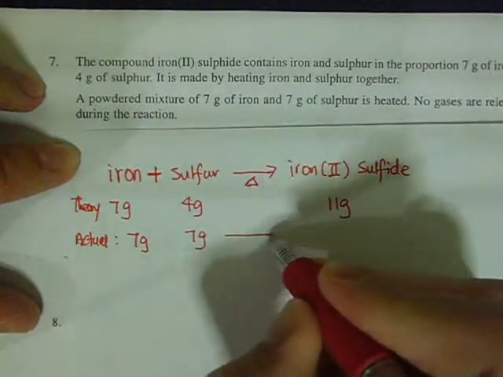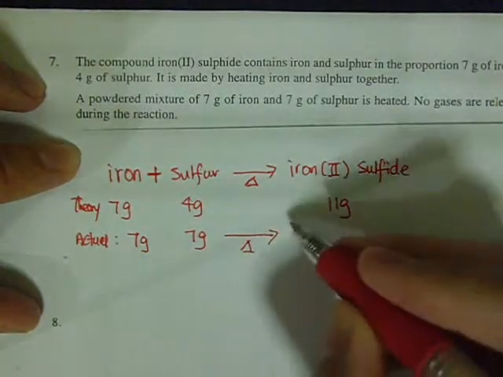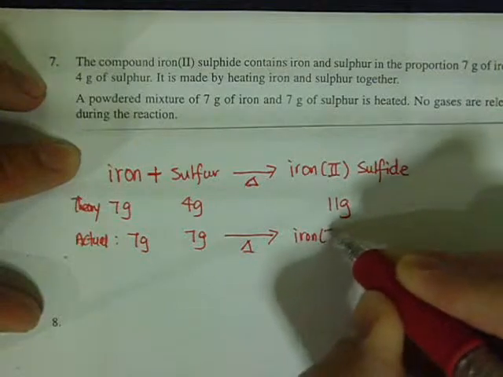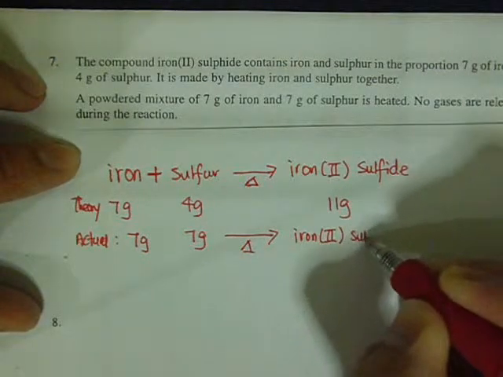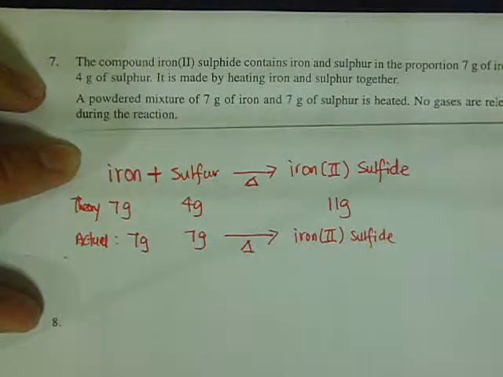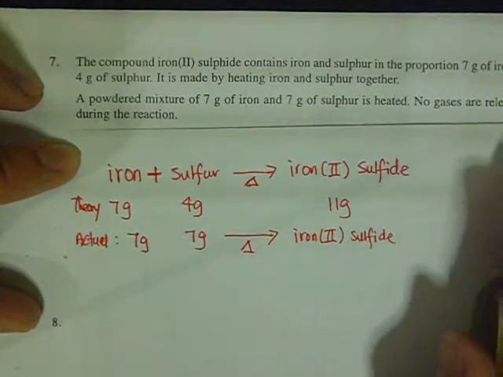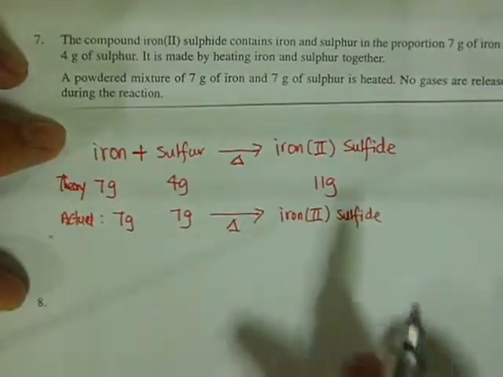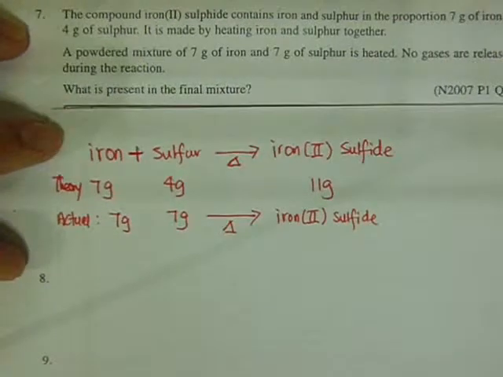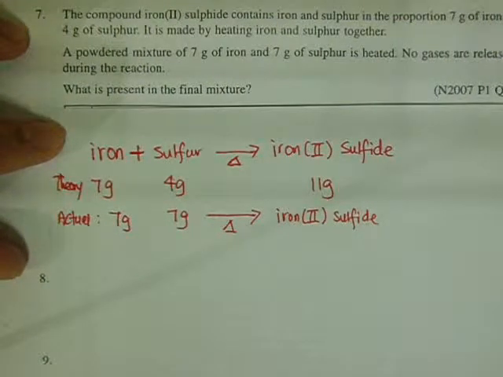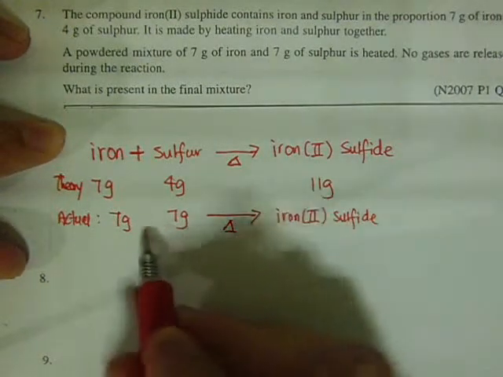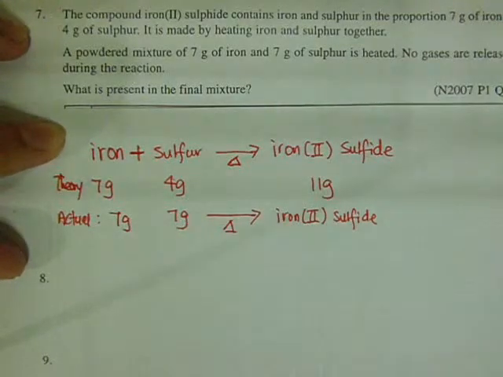Both of them are heated. So by right, you should get iron 2 sulfide as well. It says no gases are released during the reaction. So you should get iron 2 sulfide. Now what is present in the final mixture? That means when I heat these two together, what do I get?